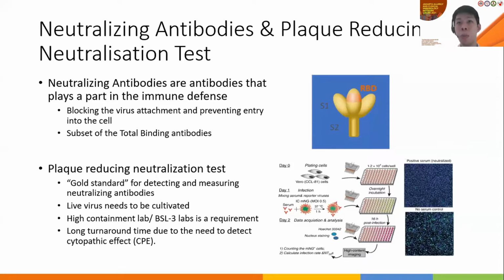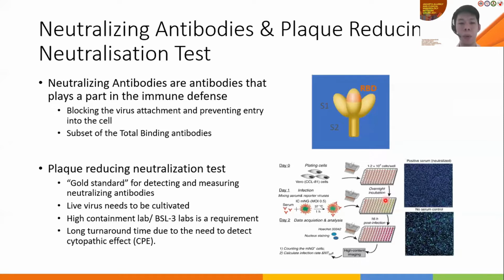Downstream, the virus is not able to replicate itself, and this will in turn reduce the viral load in the near future. However, neutralizing antibodies are just a small subset of the total binding antibodies out there. Antibodies do not just play a neutralizing role, but have other immune-stimulating functions downstream.